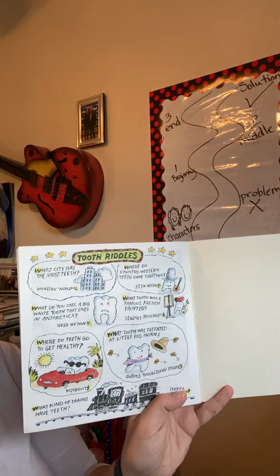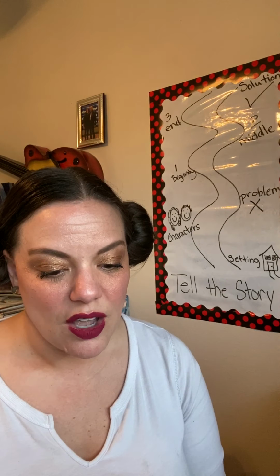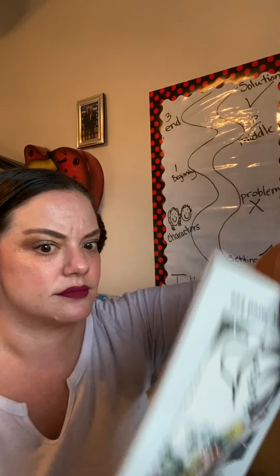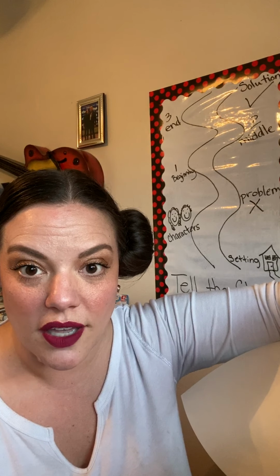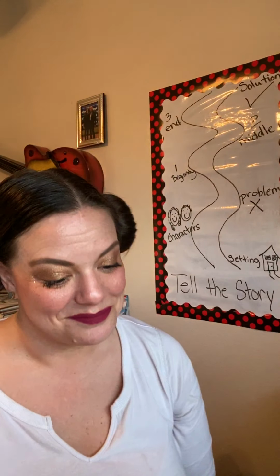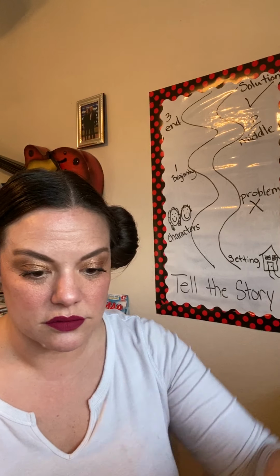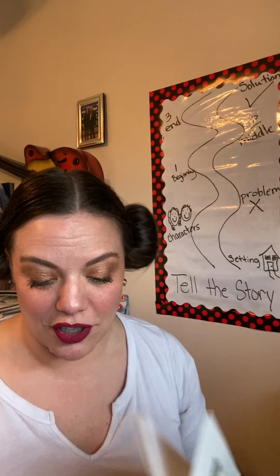Oh, and there's even some tooth riddles. Guys ready? What city has the most teeth? Tucson, Arizona. What do you call a big white tooth that lives in Antarctica? A molar bear.